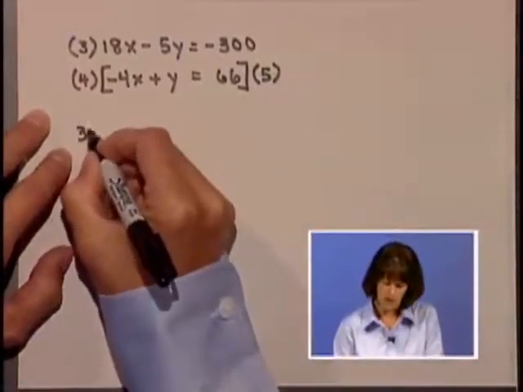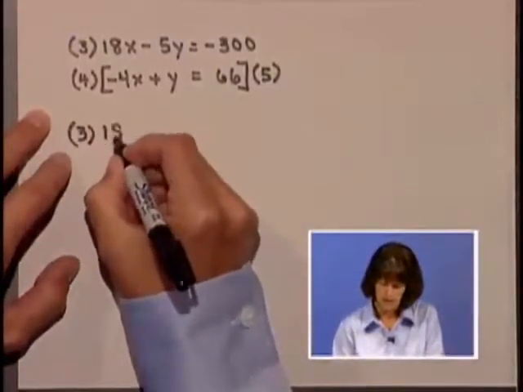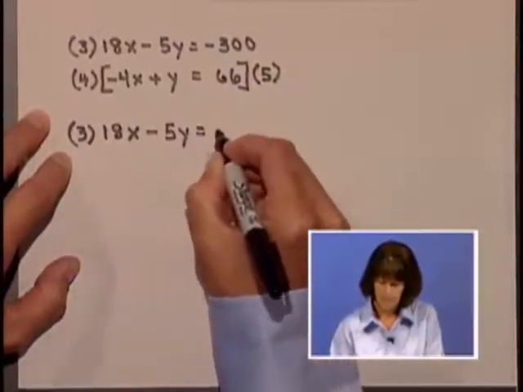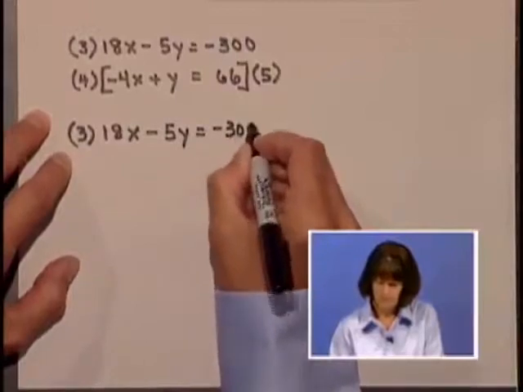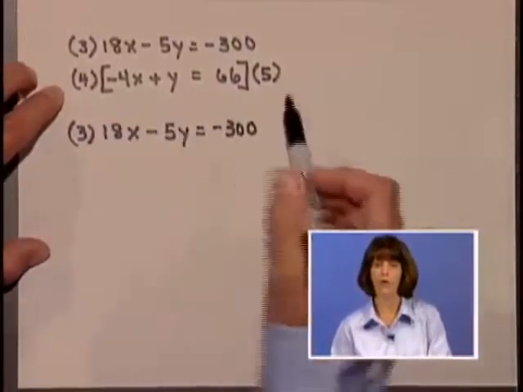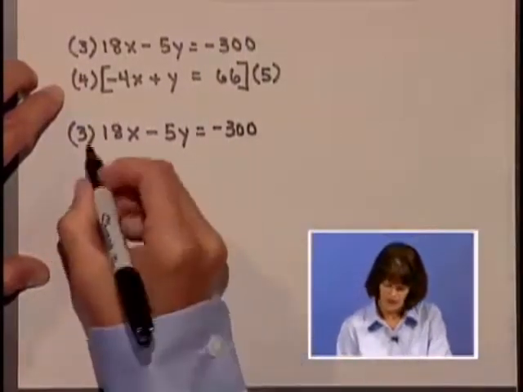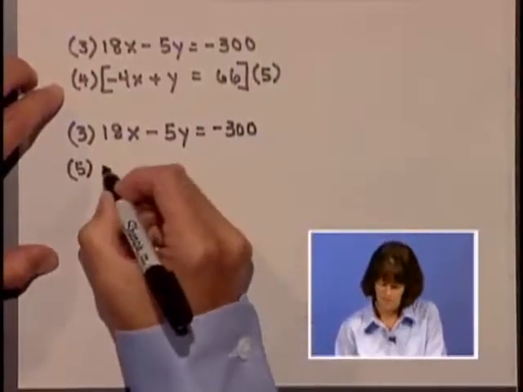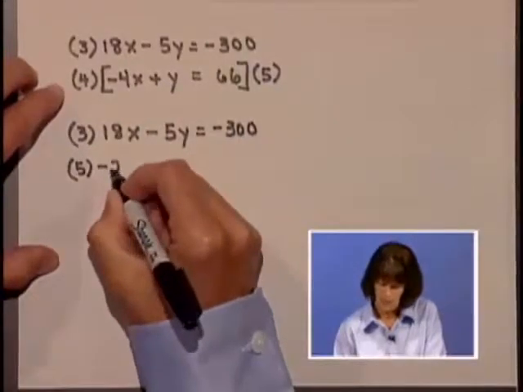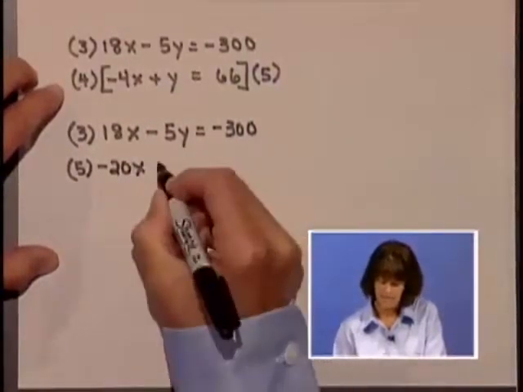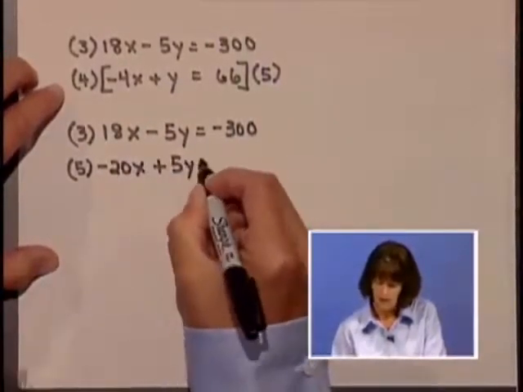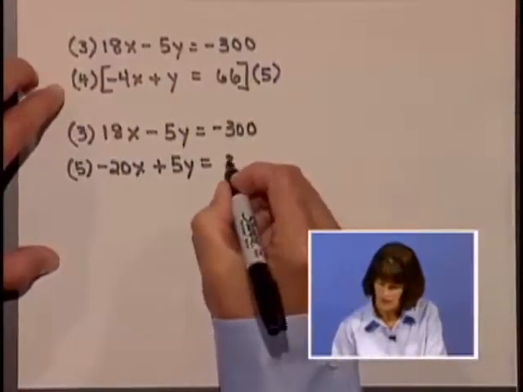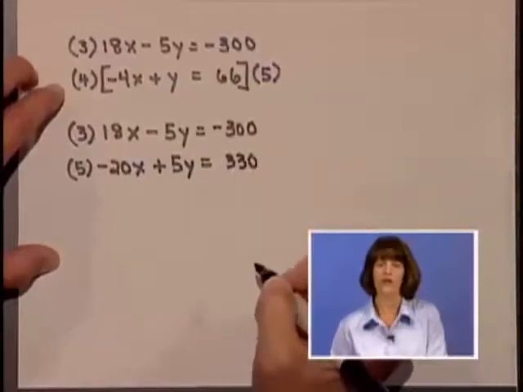Let's leave equation 3 alone and just recopy it. We'll multiply equation 4 through by that constant value of 5. And wow, this becomes a new equation 5. 5 times that -4 is a -20x plus 5y is equal to 66 times 5, or a 330.